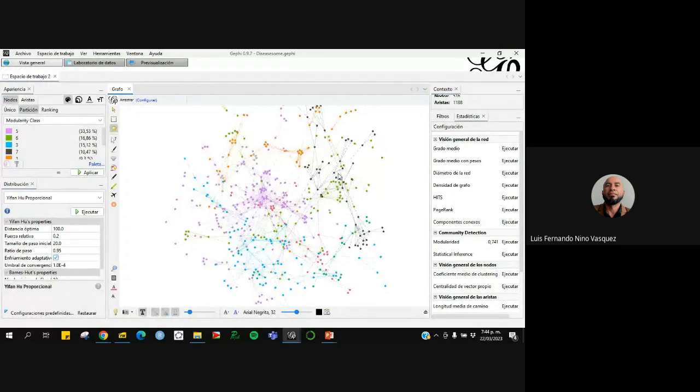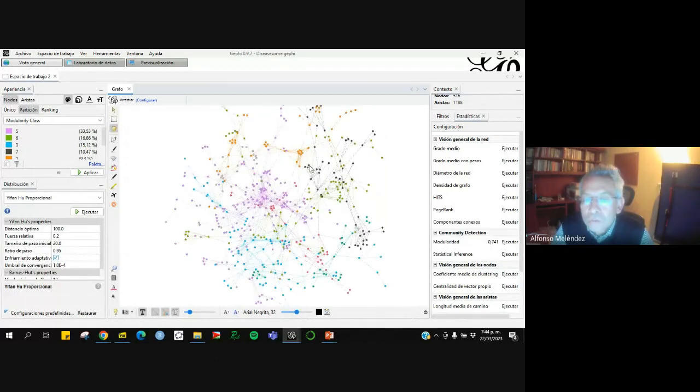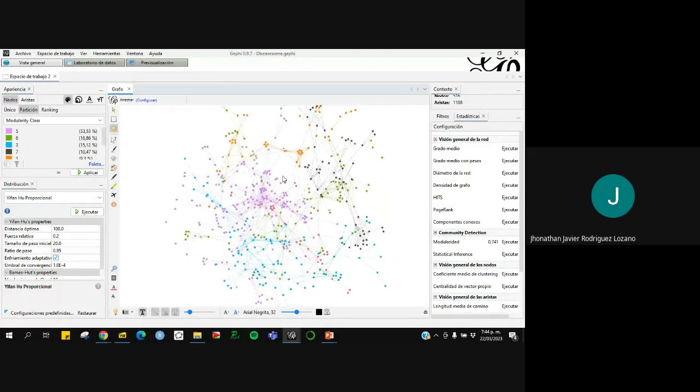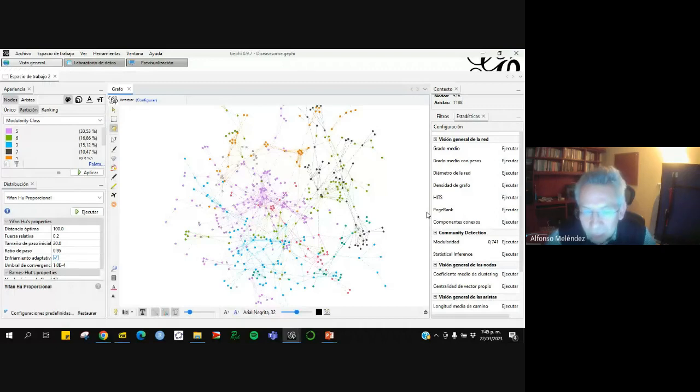Here are the names of the diseases, but these are only diseases in general: cancer, flu.